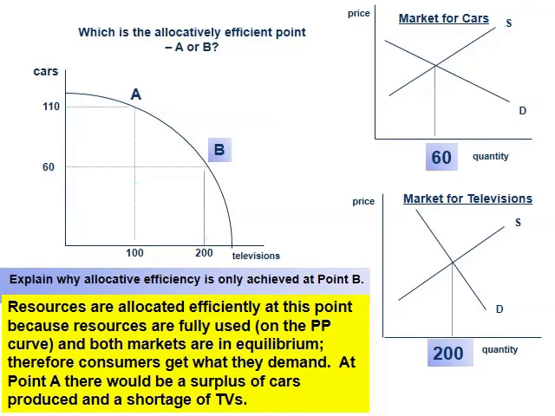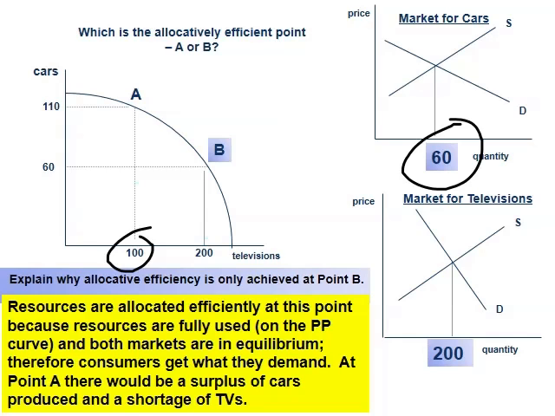And of course, we can see here that at A, we would have an excess supply of cars. There would be a surplus because the market only wants 60 cars. And when we look at the market for televisions, 200 televisions are required, which means that if we produced at A, there would be a shortage of 100 televisions.